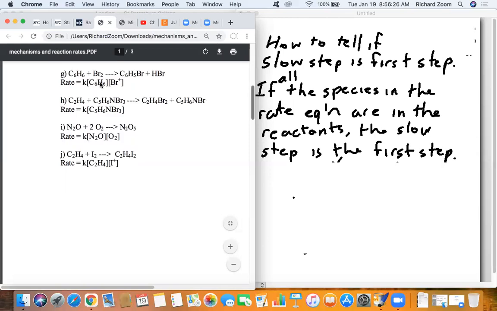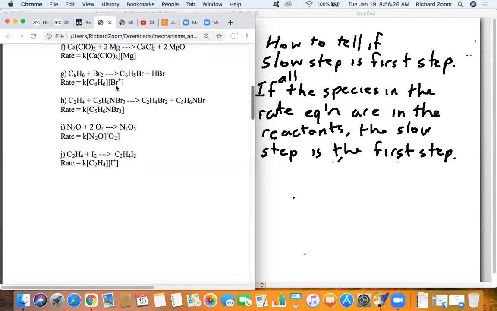The reason is because yes, C6H6 is a reactant, but Br+ is not a reactant. What do you think the Br+ was made from? Does anybody want to guess where the Br+ came from? Any thoughts? The first reaction, that's going to be before the slow reaction.